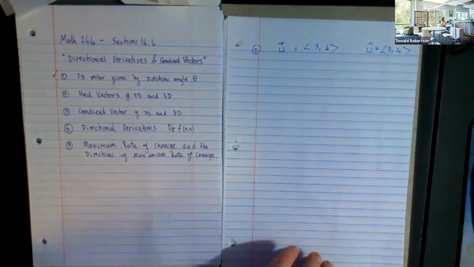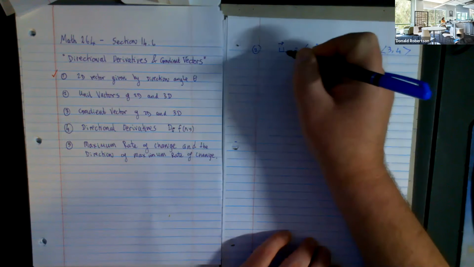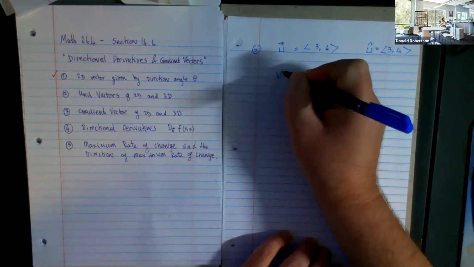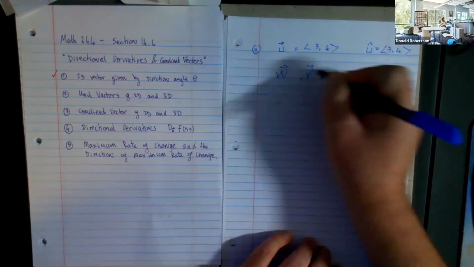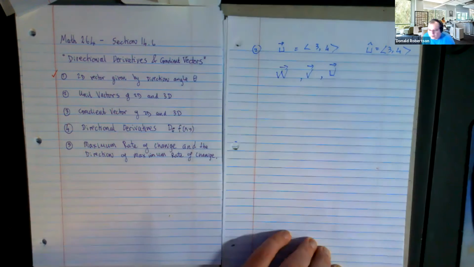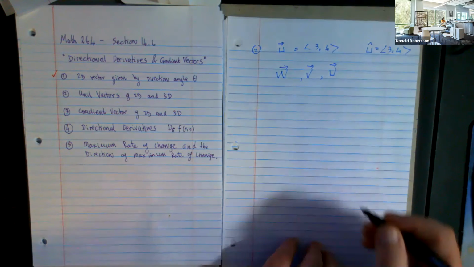Now, how do you get a unit vector? Well, this vector, actually... Aren't U, V, and W the most common letters used when vectors are around? Right, that's just a notational thing. Let me get a unit vector here.